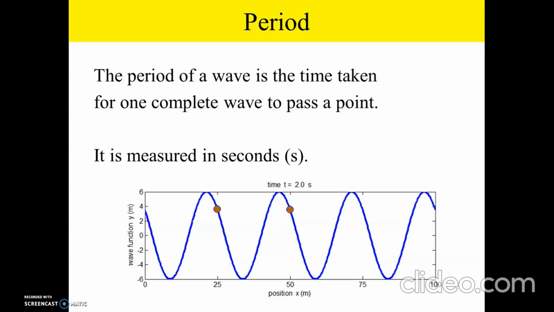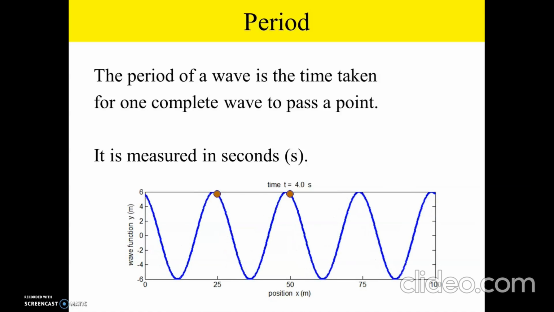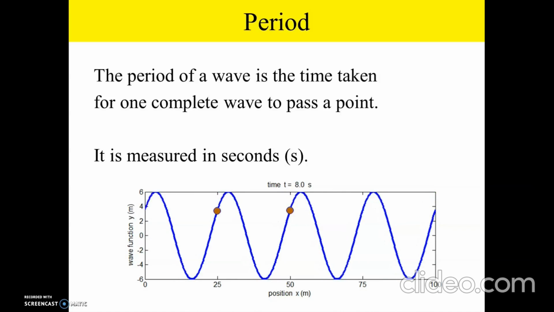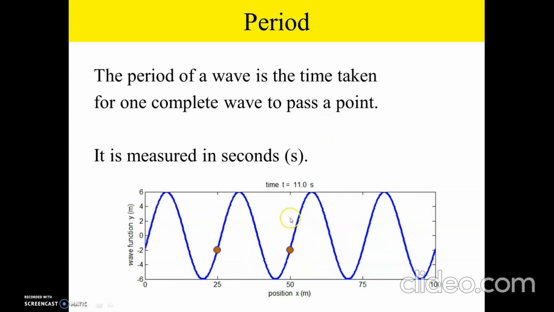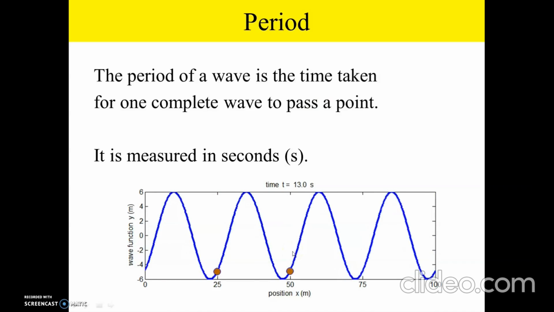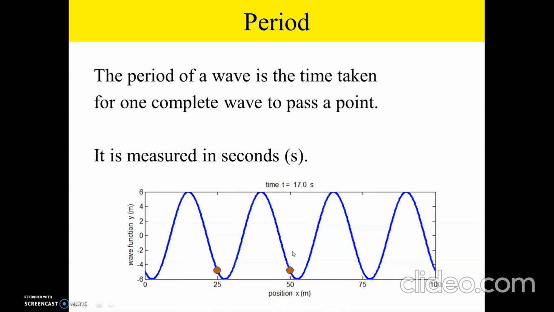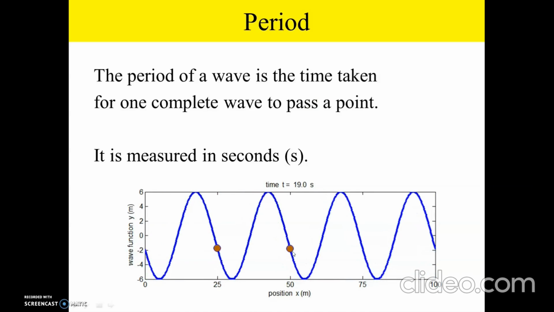So let's look at what a period is. We defined it earlier as the time taken for one complete oscillation, and you can see here there is a particle, and what this particle is doing is performing simple harmonic motion, and it takes about 20 seconds to complete this oscillation.